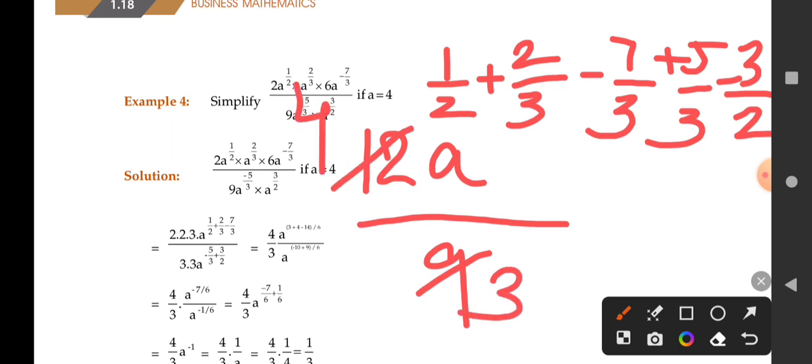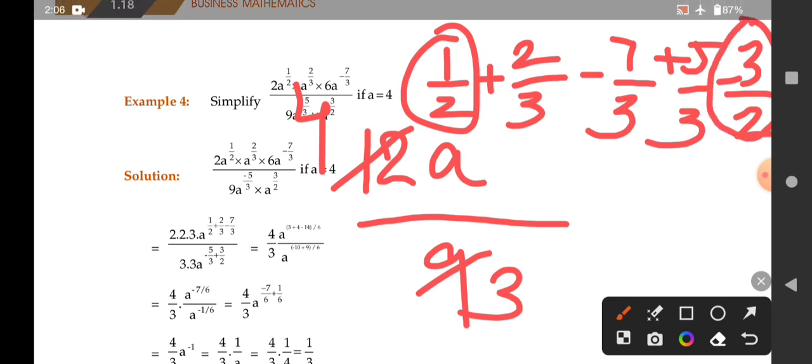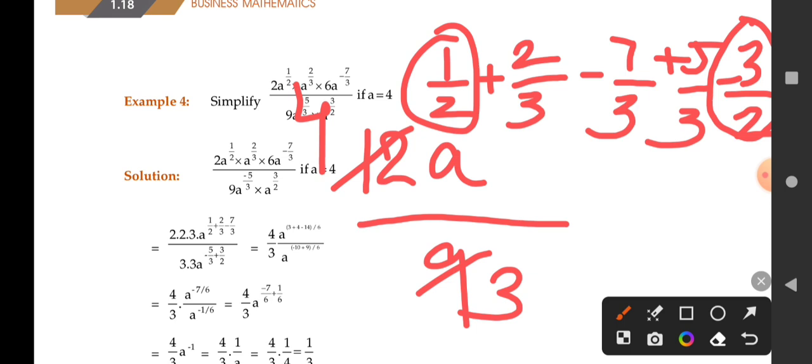Now let us solve this index. The constants: 1 minus 3, this one and this last one. So 4 into a raised to 1 minus 3 minus 2. Minus 2 divided by 2 is minus 1.